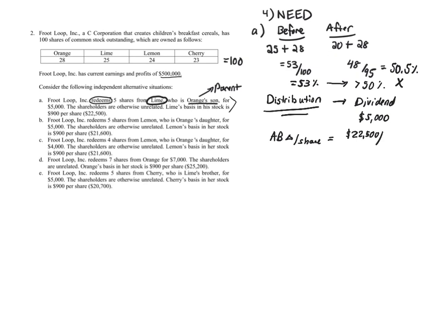We divide that by the new number of shares, which is 20. How much is that per share? What's 22,500 divided by 20? 1,125? Thank you. So $1,125. So it went up from $900 to $1,125.